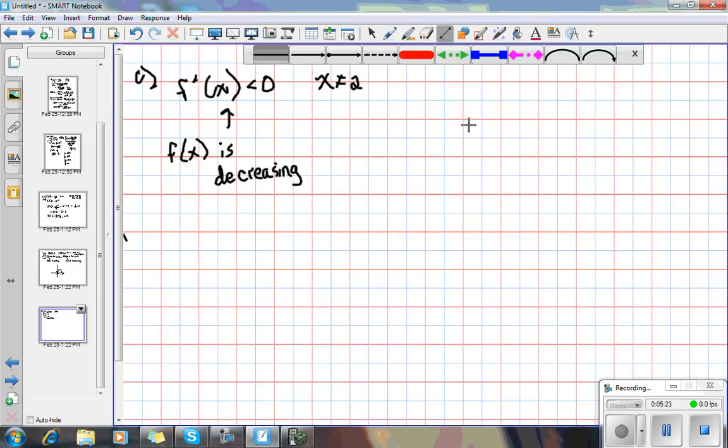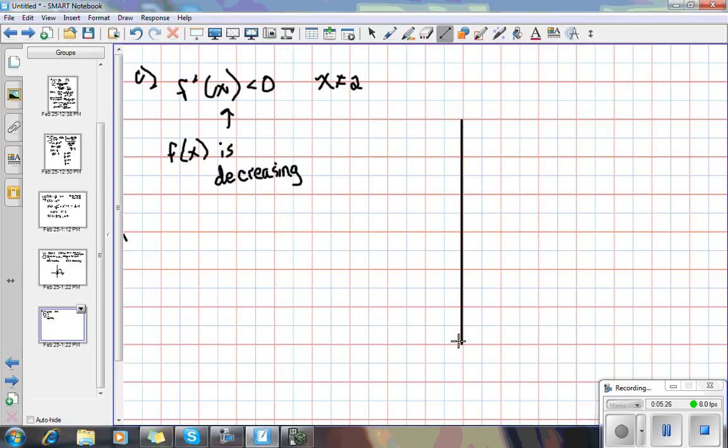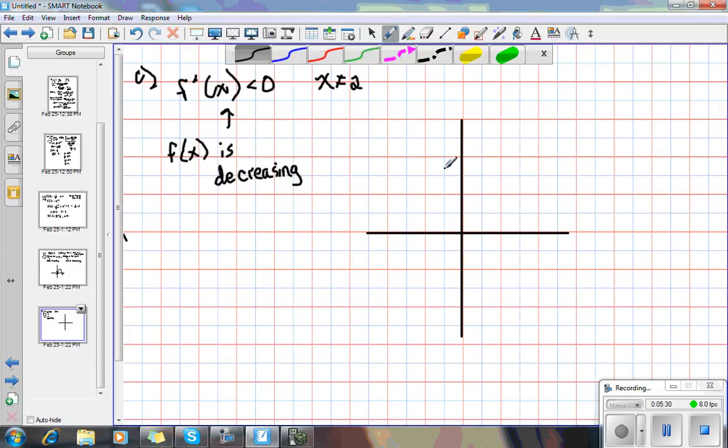If I were to sketch a possible graph for that, still with my same criteria from before, we still have f of 2 equals 3, so that's still true. And now my function is always decreasing. So it's got to be decreasing, but remember, we have a critical point there. So I can't just draw a straight line.